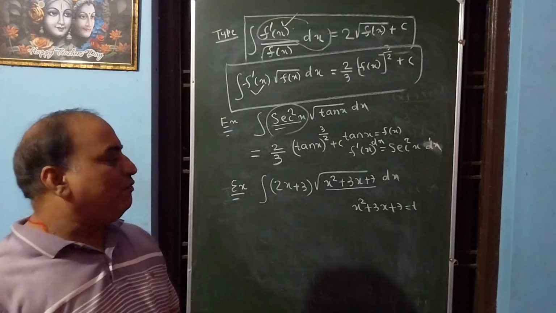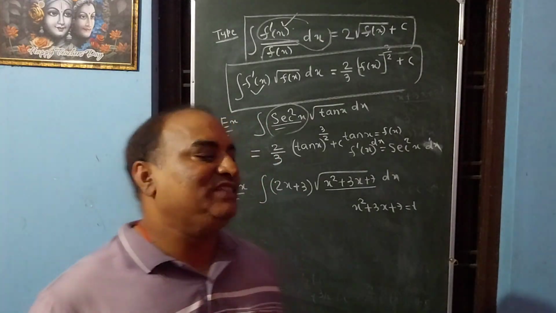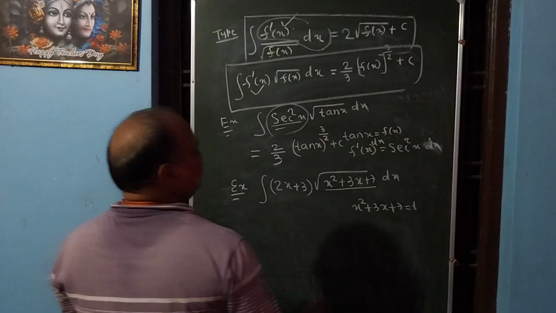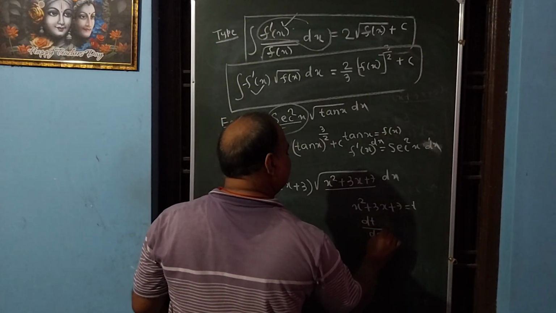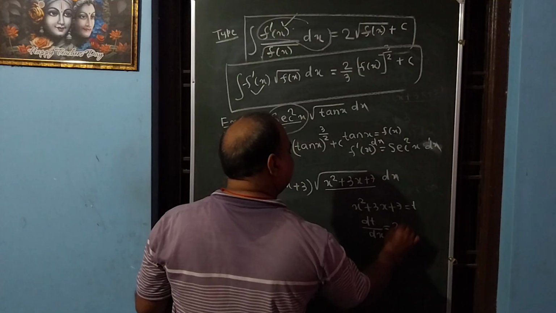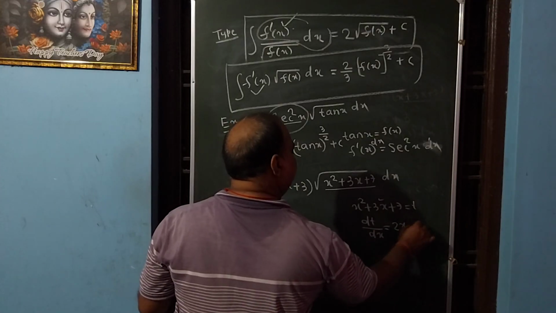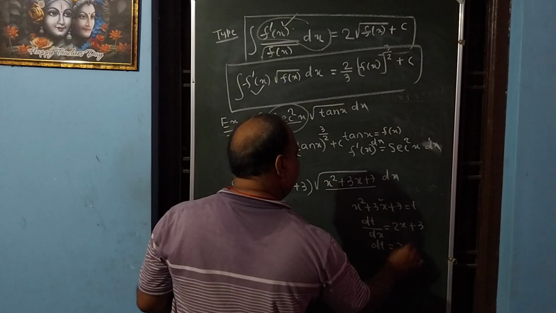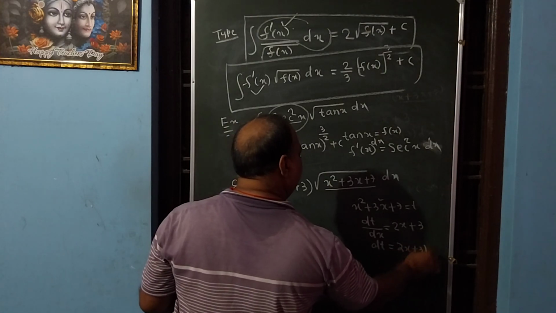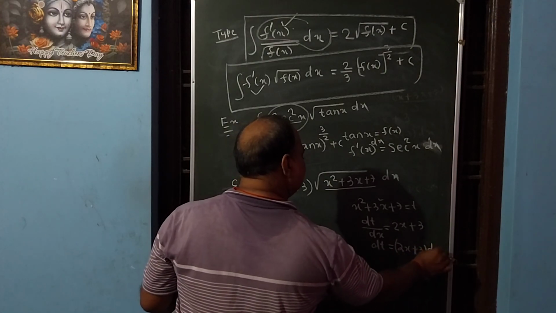Once you take, you have to differentiate on both sides with respect to x. So dt by dx is equal to 2x plus 3. So dt is equal to 2x plus 3 whole into dx.